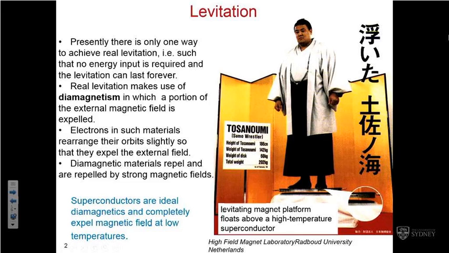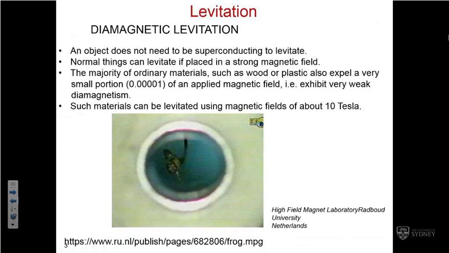You can see he's really very heavy, and this is quite an impressive result. But what's also interesting is that you can levitate with just diamagnetic materials. It doesn't have to be superconducting material.